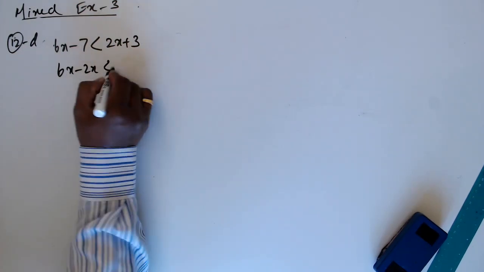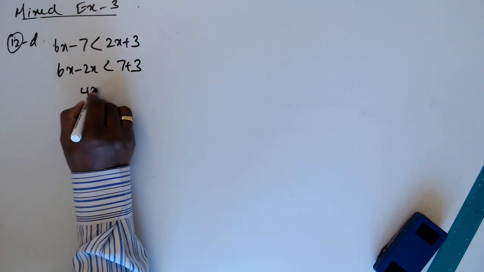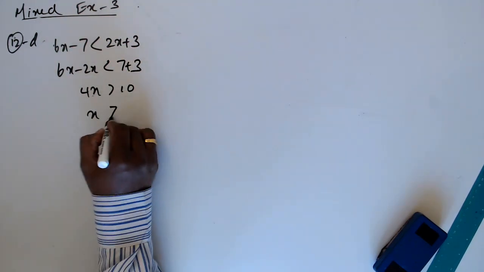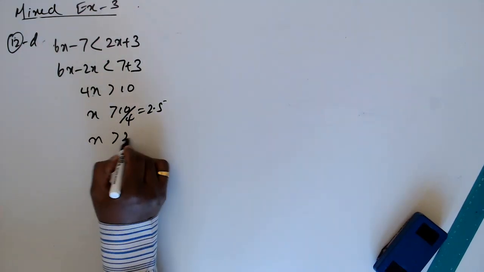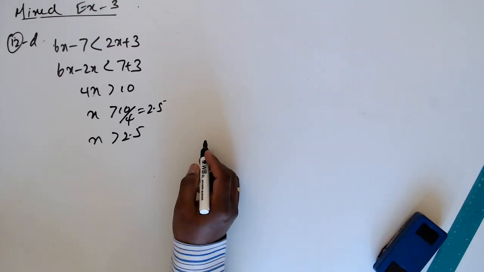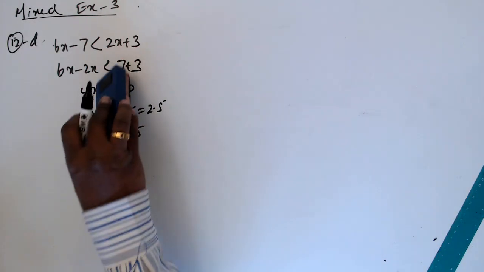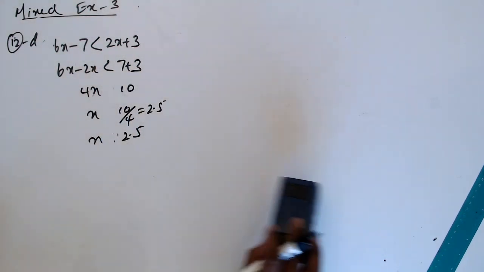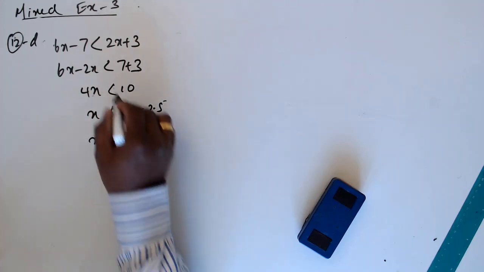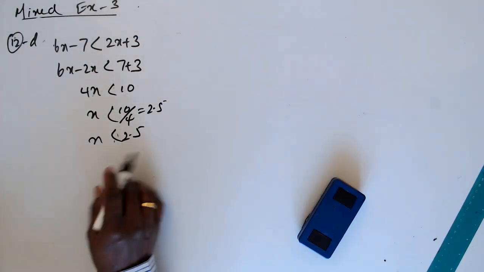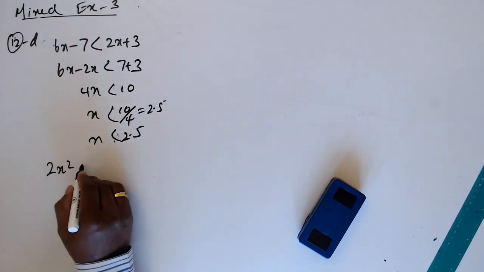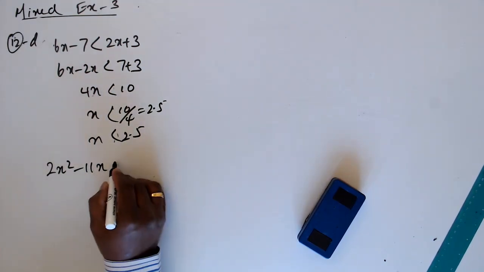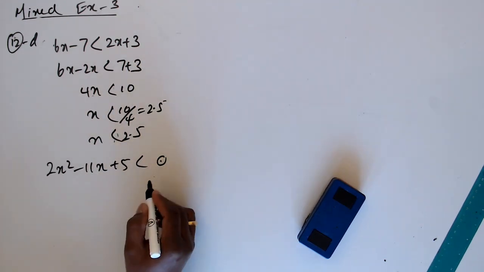Part D. 6x minus 2x minus 7 plus 3, 4x equals 10, x greater than 10 over 4 equals 2.5, x greater than 2.5. It is less than, I actually changed, so x less than 2.5. And what is the other one? 2x square minus 11x plus 5 less than 0.